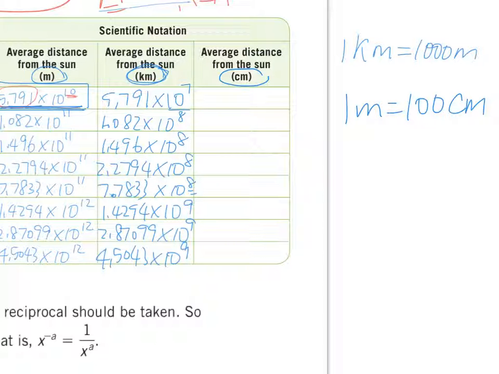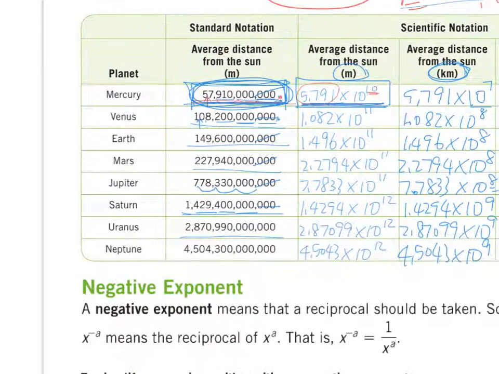So the question is how many 100 meters are in this expression. Let's divide by 100. When you divide by 100, you actually lose 2 zeros at the end, don't you?